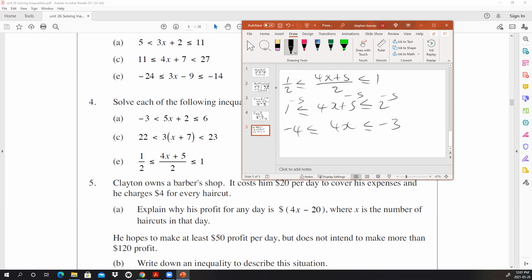Then you divide through by 4. And this becomes minus 1, you have x, and this is just, unless you write it as a decimal, you can just leave it like that, right? Cool. So this works.